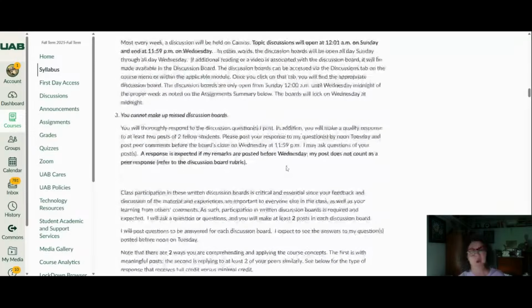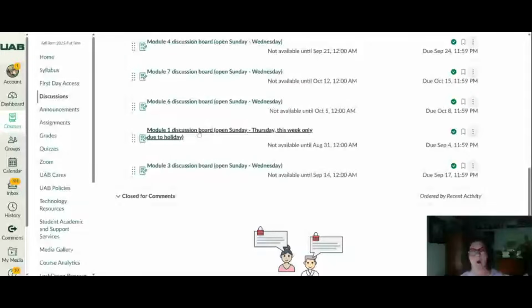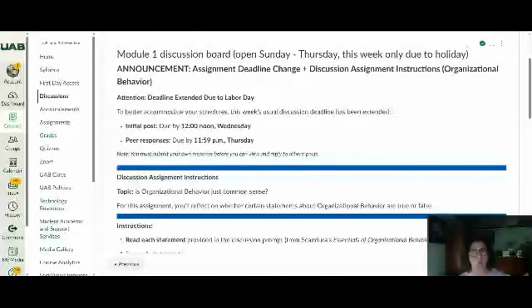Now, I want you to note, discussion boards are consistent all semester. Your first post is due by Tuesday, and your peer responses are due after. When you go to the discussion boards, you'll see a reminder at the top of discussion board 1 that posts are due at noon.